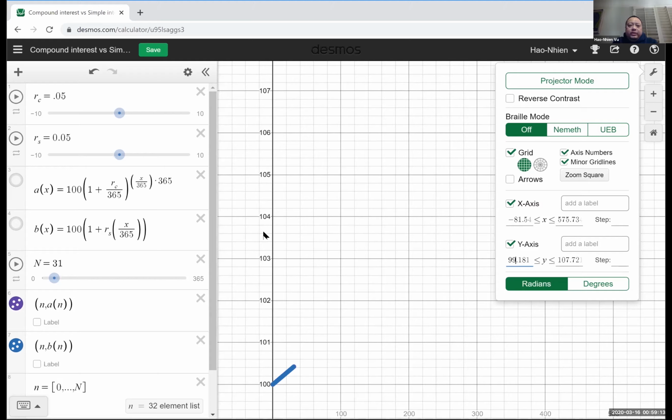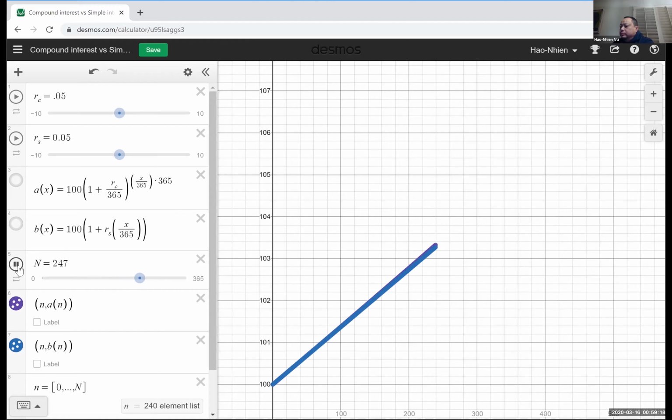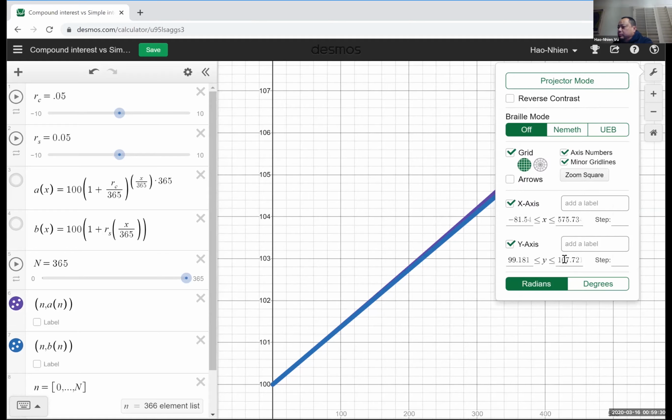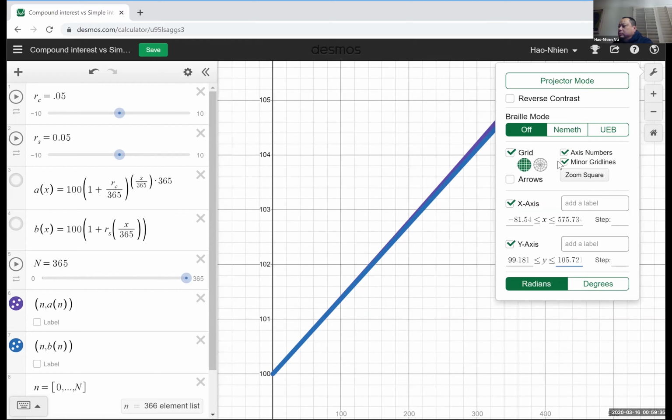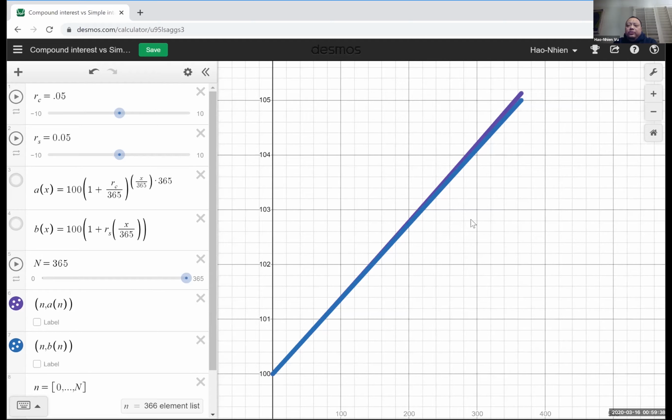Yep, you can see a tiny little difference there. At the end of the year, the compound interest is worth a tiny little bit more than the simple interest.